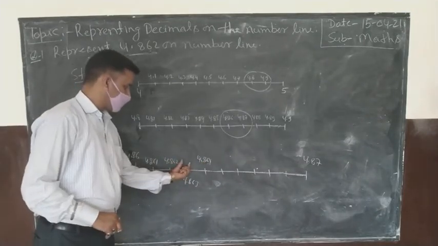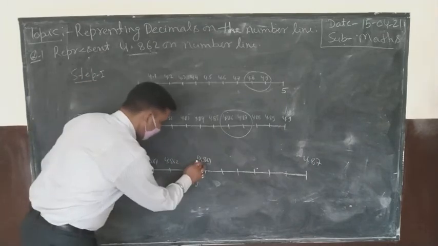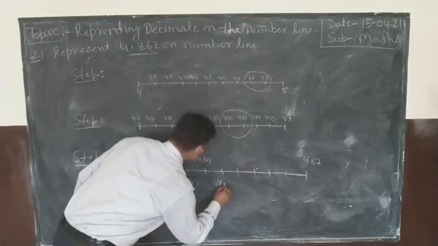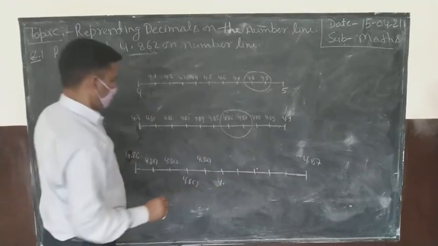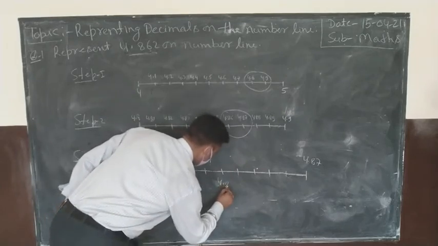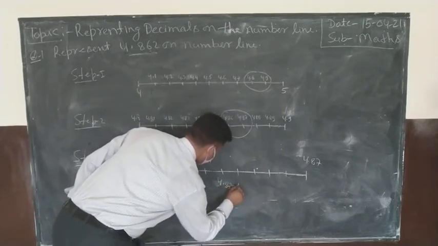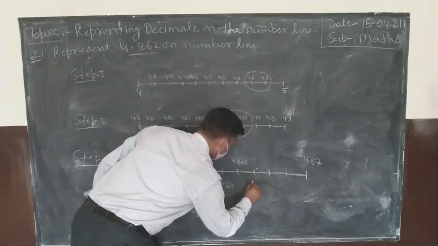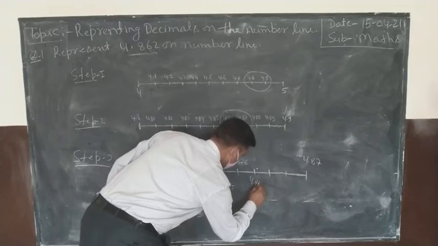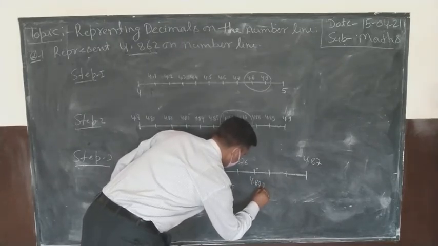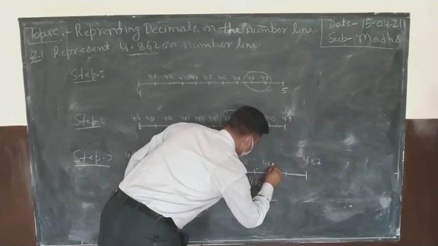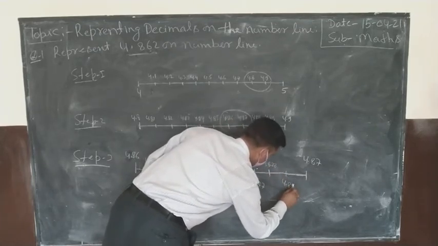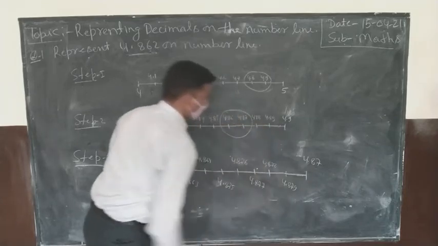Because here the space is very less, then I write downside. 4.864, 4.862, 4.875, 4.876, 4.877, 4.878 and 4.879 and 4.87.